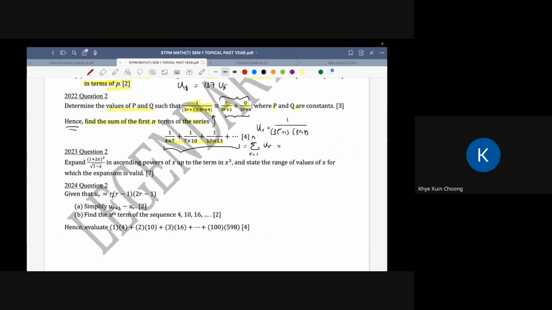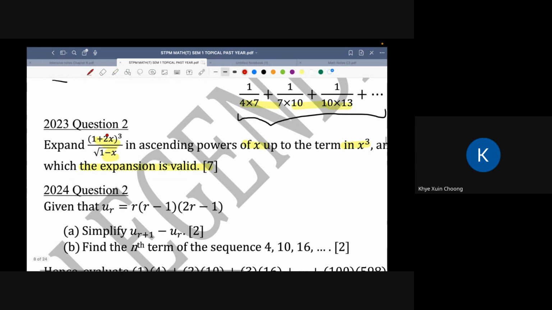So two more questions. Let us quickly glance through and we can proceed to chapter 6. Question 2: expand this in ascending powers of x up to x cubed, and state the range of values of x for which the expansion is valid. This is similar to the one before, so this one is quite easy. If something like this comes out, we must know how to do it.